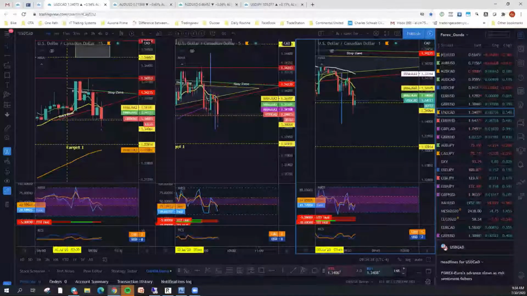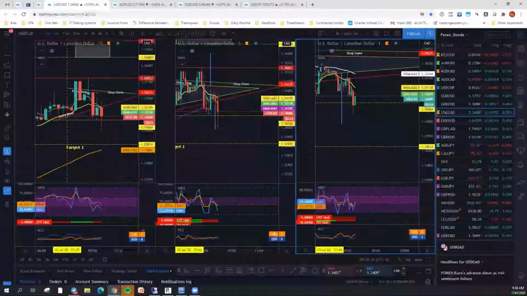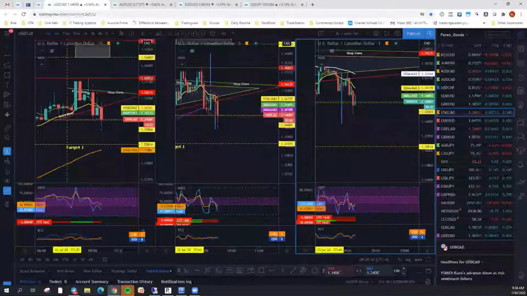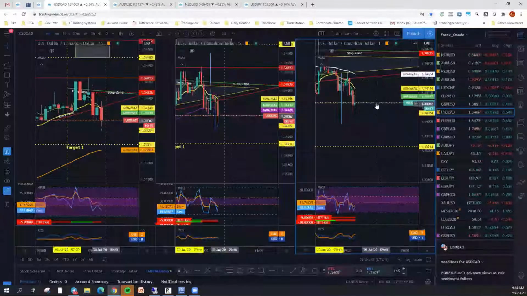And right now, if it goes back up into the wedge, I'll be out of this trade. See, I got in at 34.11 is where my fill was.